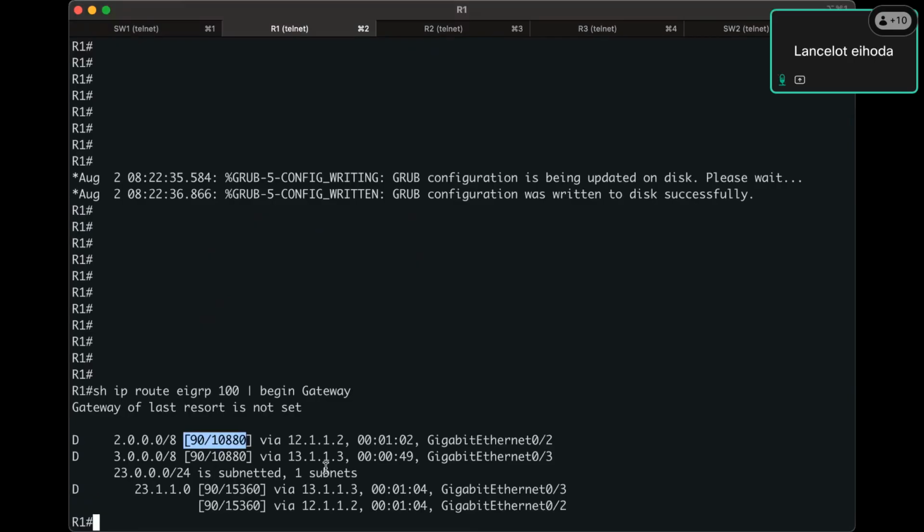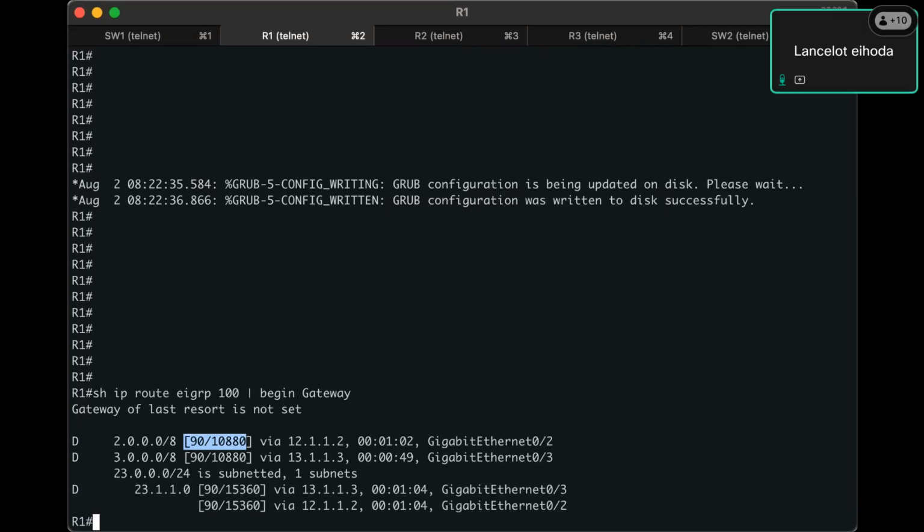You can see two figures there. You can see the administrative distance, and then you can see the metrics.